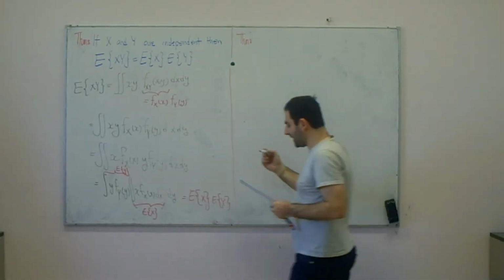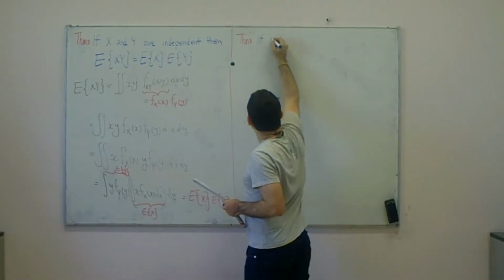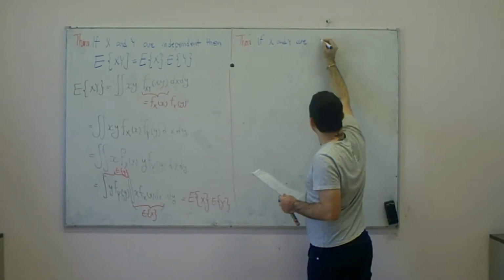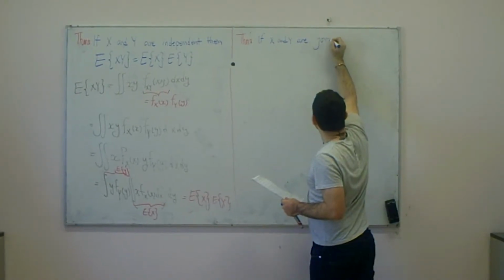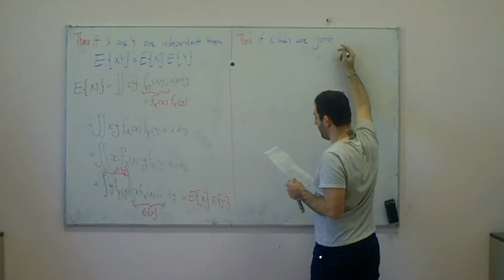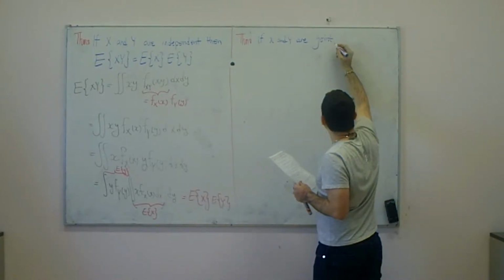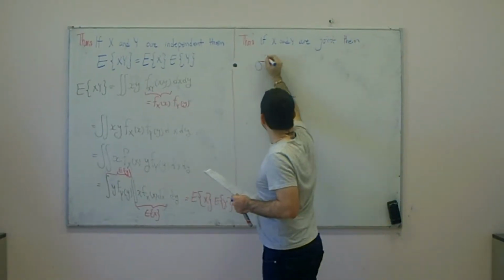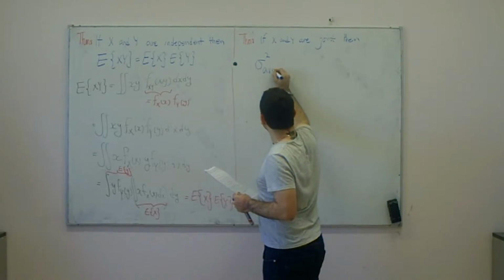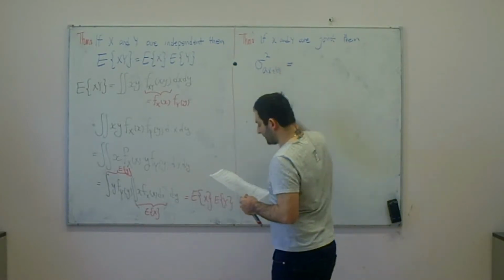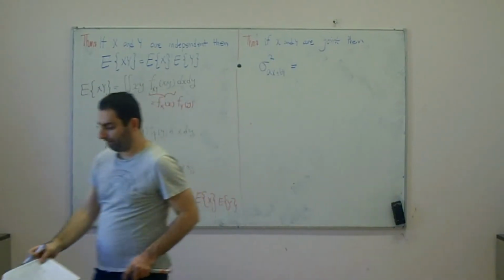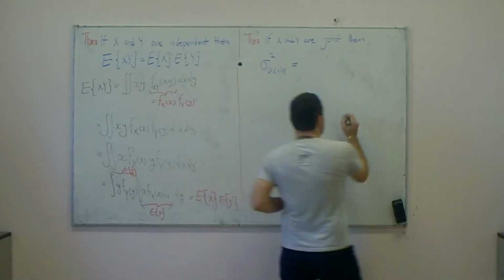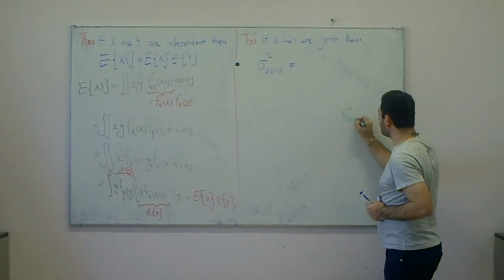The theorem says that if x and y are joint, then sigma square of ax plus by is equal to... Do you remember what was the sigma square of ax plus b?